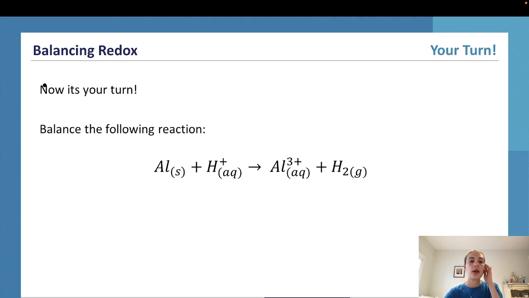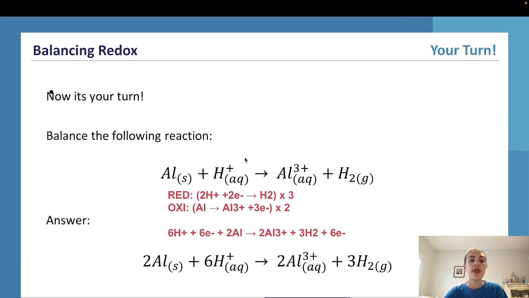Okay, so now we'll go through the answer for this one here. We've got aluminium solid plus hydrogen ions makes aluminium 3 plus, hydrogen gas. With this one, we first of all need to identify what is being oxidized and what is being reduced.